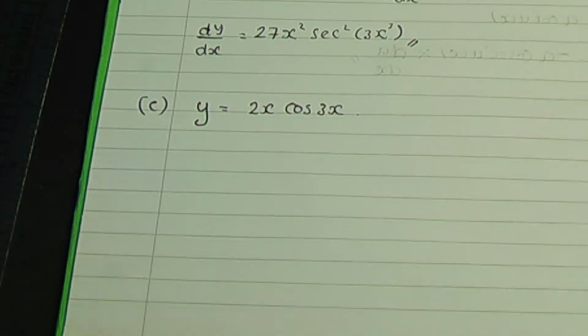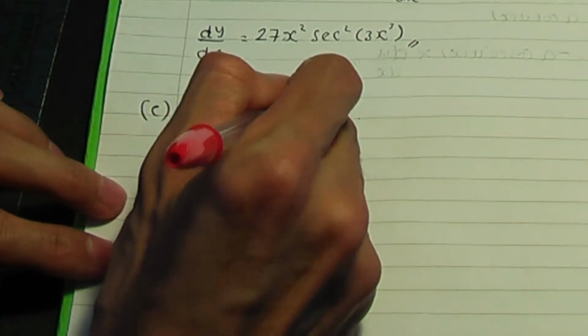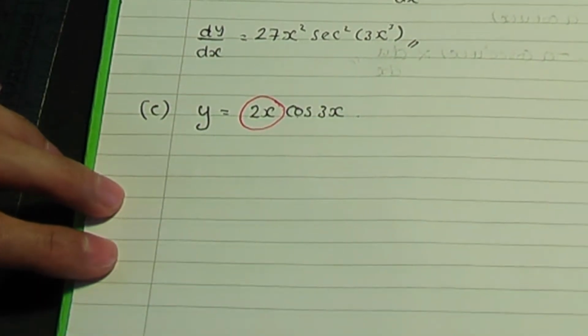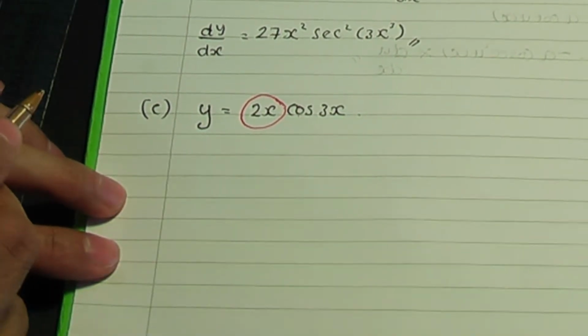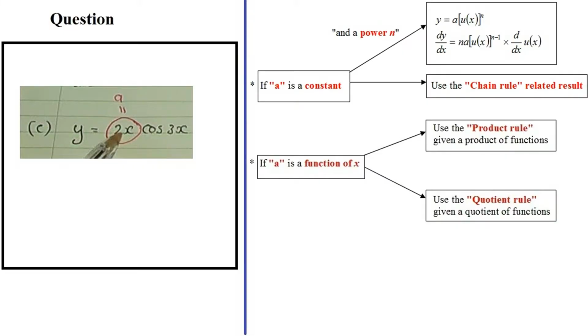Let's think about this one. The term in front of the function is 2x. So the term in front of cos is 2x. That term is not a constant. 2x is a function of x, so we need to use the product rule in this case.